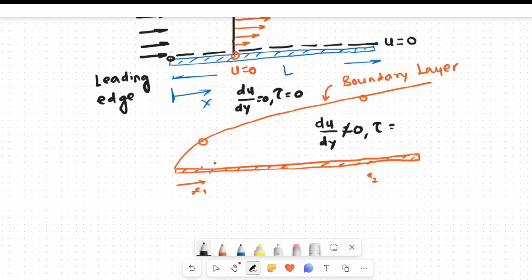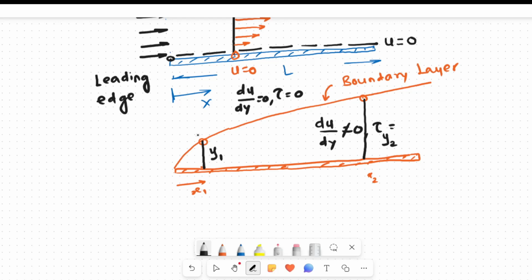Now, as you can see here, the thickness of the boundary layer, as the value of x is increasing, here you can see that we are getting this y1 if we say, and at this point we are getting this value as y2, and y1 is smaller than y2.